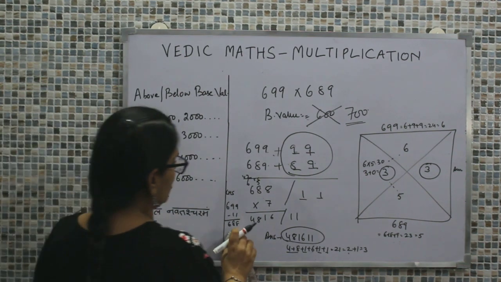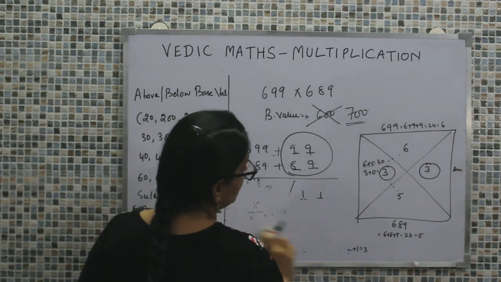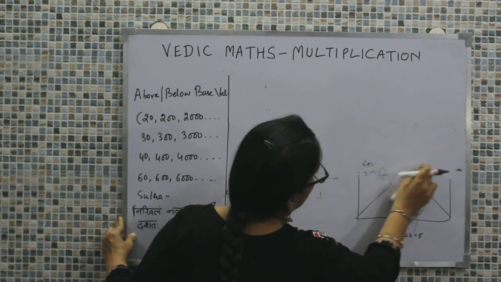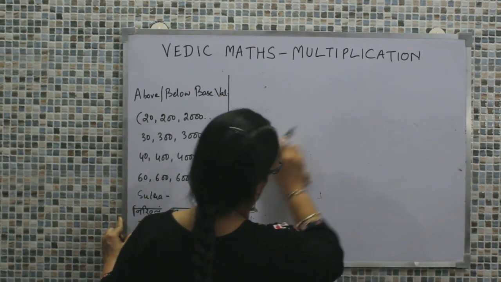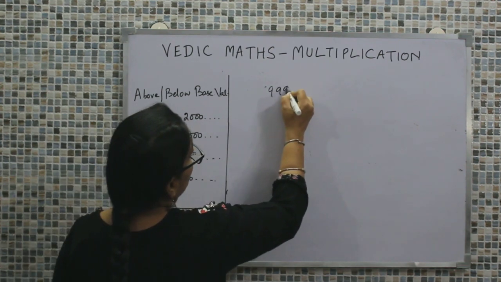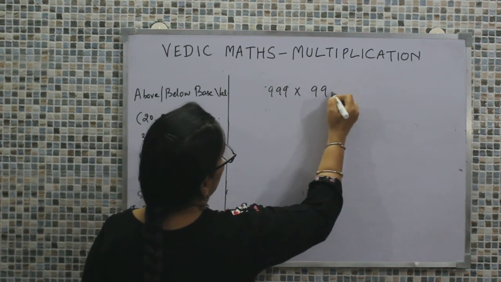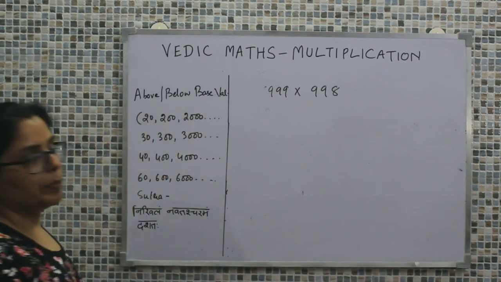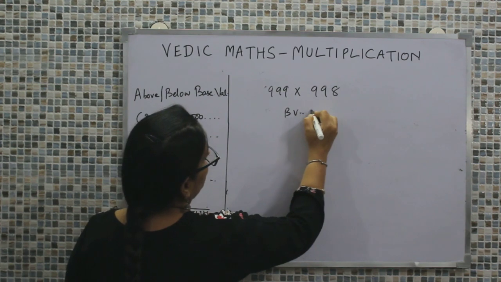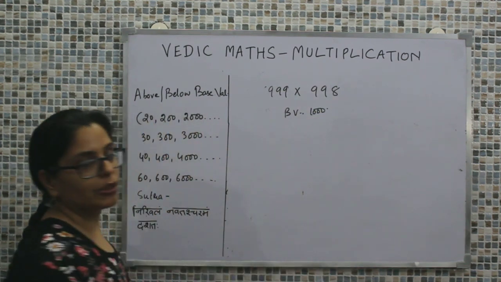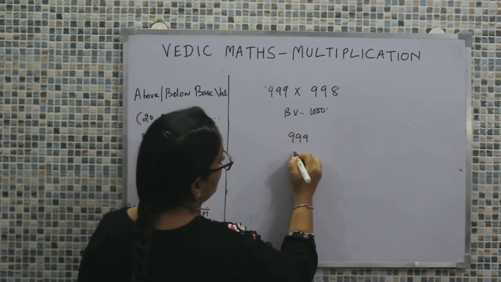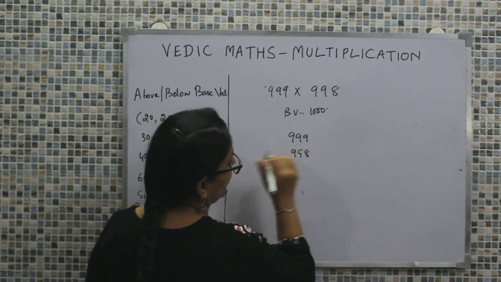Now let's take another example. We have 999 into 998. A base value of 1000 would be suitable for this. And when we compare, we have 999 and 998.